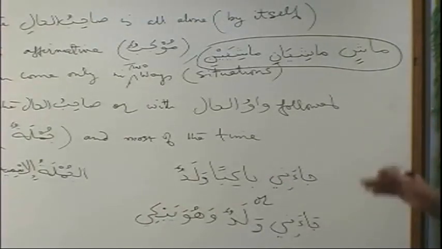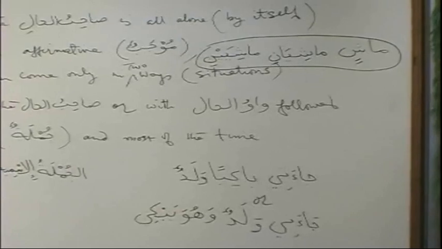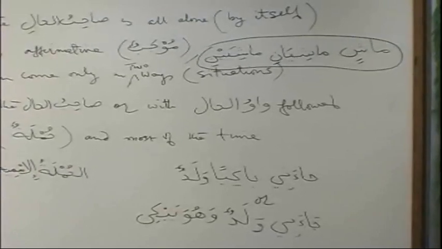Now this is your hal, but this is dual. So we must have two sahibul hal. Where are those? MashaAllah. Ya mutakallim is one, and the other is al-mudarris. Two sahibul hal, because the hal is dual. Okay.